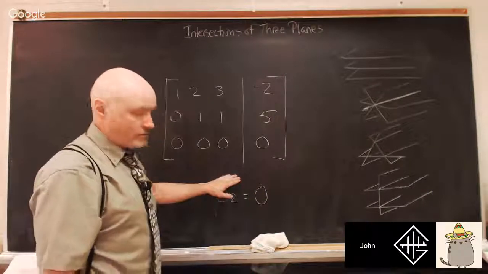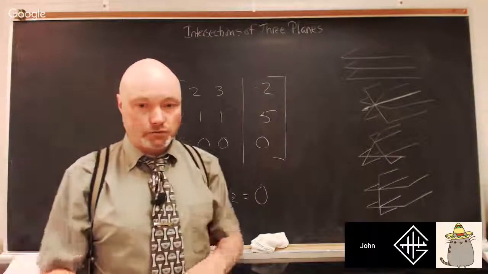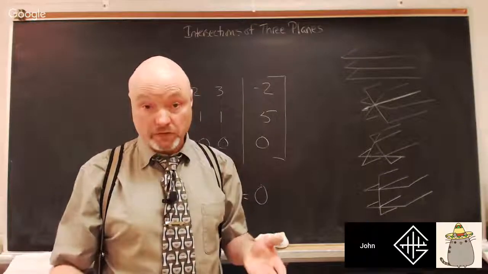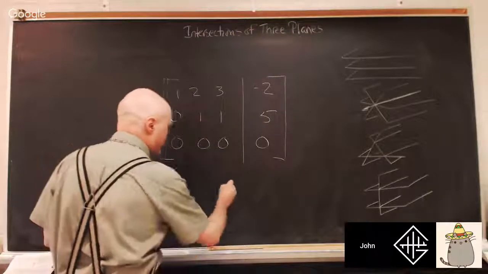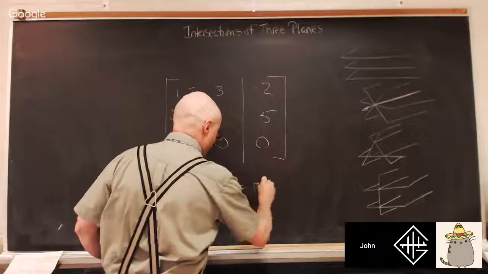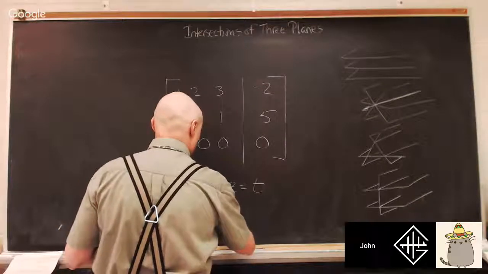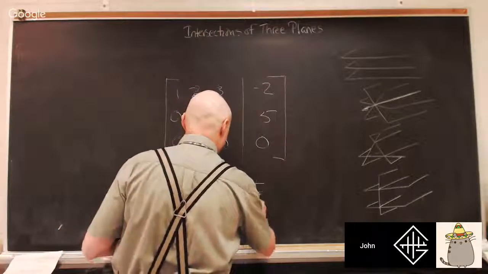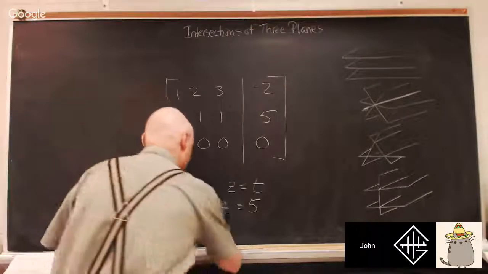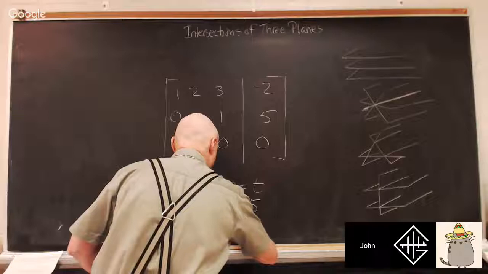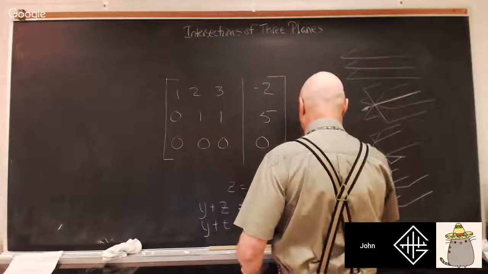So to get to the solution of this, we're going to pull that old trick where we come up with the parametric equation of the line. We would say, okay, z is going to be equal to t. And then we take this, which is normally y plus z equals 5, but we're setting z equal to t. So we're saying y plus t equals 5, and so y equals 5 minus t.